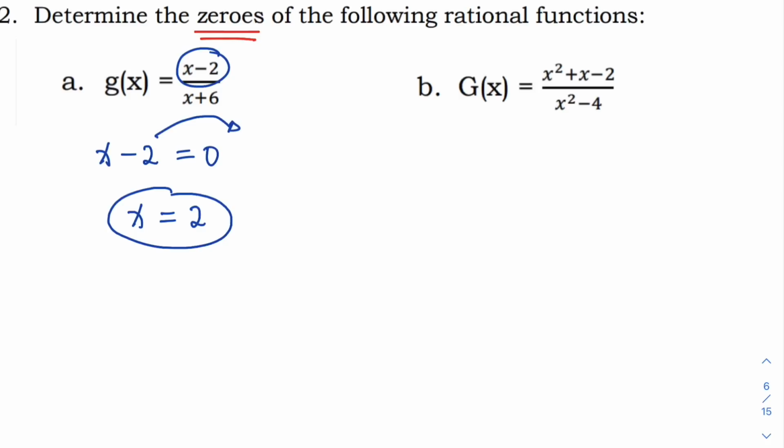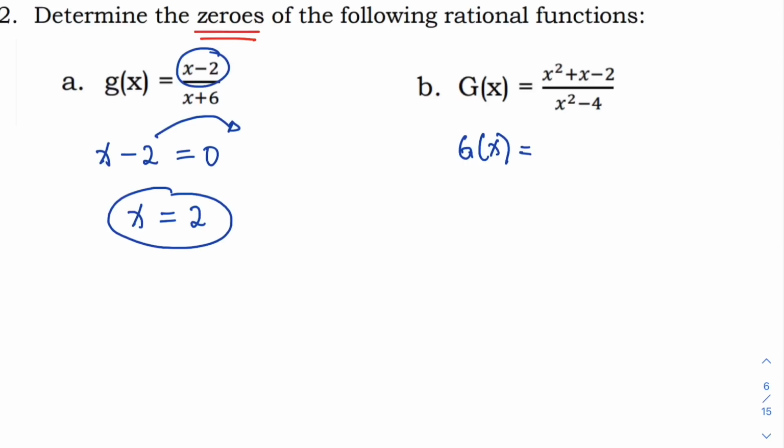Nakuha guys? So, next, letter B, we have g of x is equals to x squared plus x minus 2 over x squared minus 4. So, dito guys, bago natin iset yung ating numerator to 0, ang una nyong gagawin is isi-simplify muna natin yung ating function. Okay, so try nating i-simplify. So, i-factor natin yung ating numerator, yung x squared plus x minus 2.